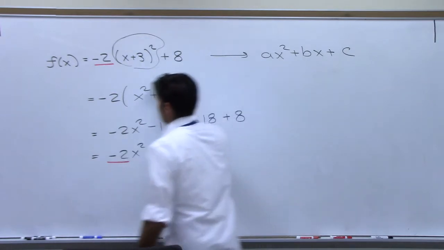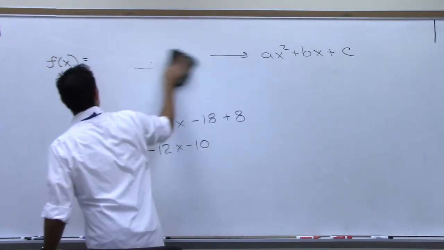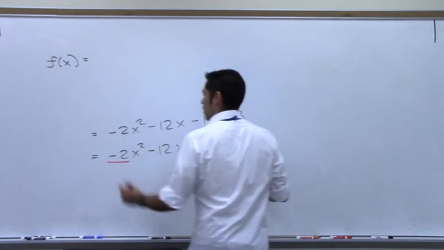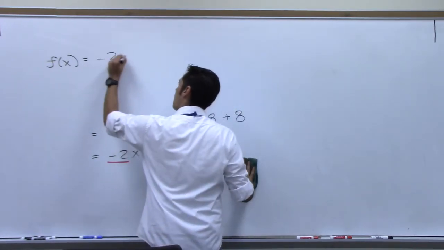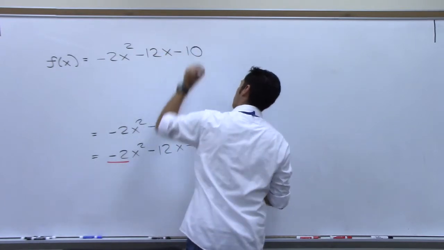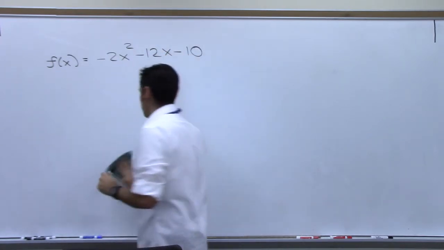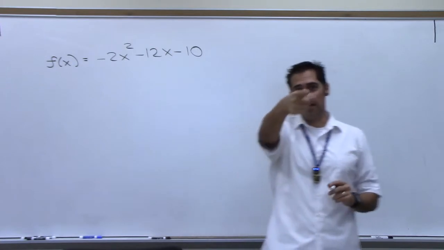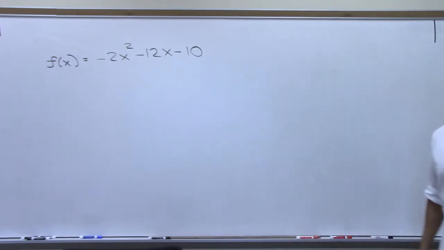So let's take the same problem now, and I'm going to go backwards with it. So we know what the answer should be, right? The answer should be that, what we started with. But let's act like we don't know that.